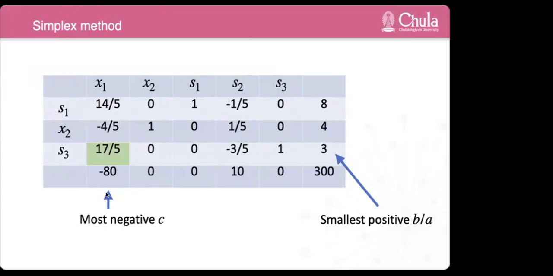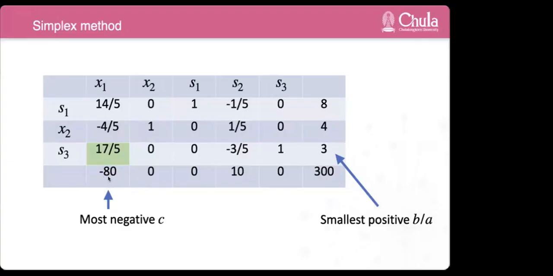Do you think that we reached the minimum point yet? No, not yet, because the coefficient of x1 this time is negative 80, right? We still have negative coefficient of the objective function.